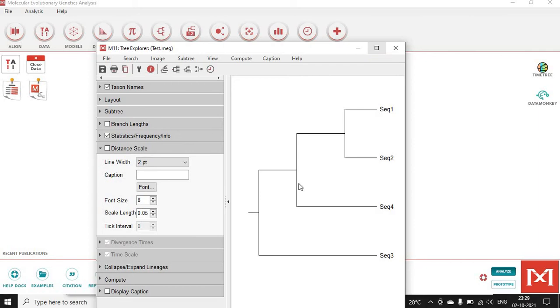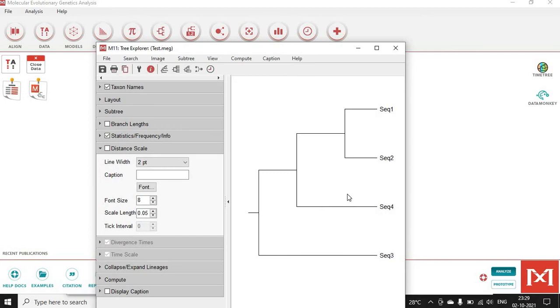Here it is showing a root, so this is a rooted tree, but this is hypothetical. These internal nodes are hypothetical nodes, but these external nodes are true nodes, and they are the actual sequences, and these are the branches.